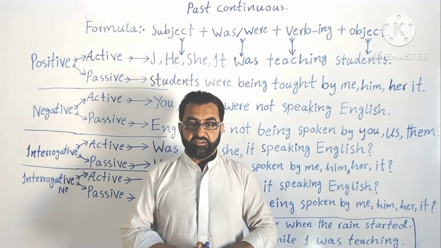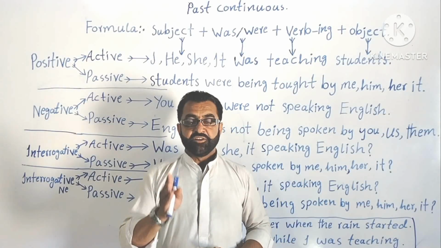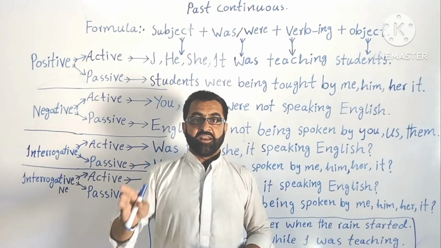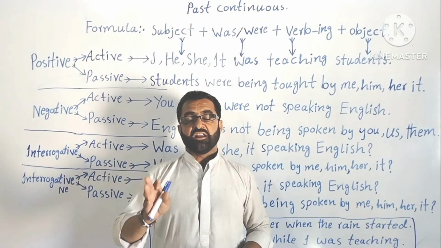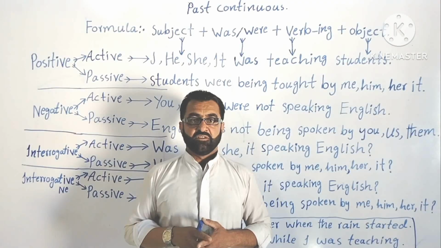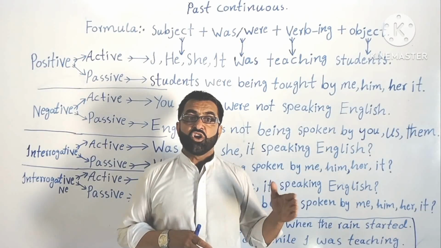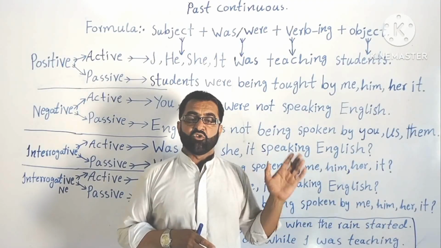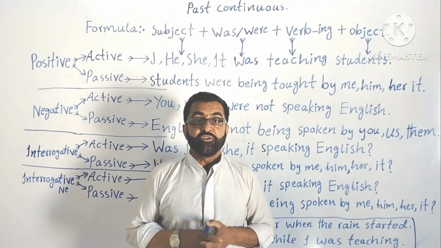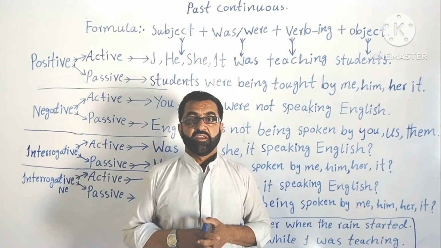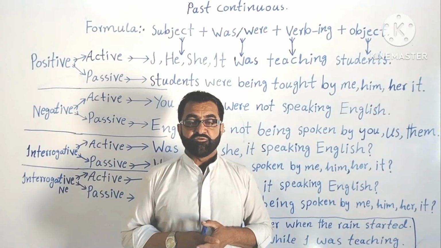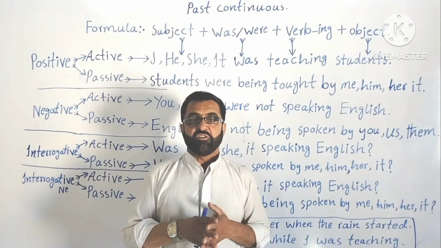Transitive verbs like write, read, speak, break, teach, these all are transitive verbs. Understood? And intransitive verbs are go, come, sleep, and many more like this. These are intransitive verbs.